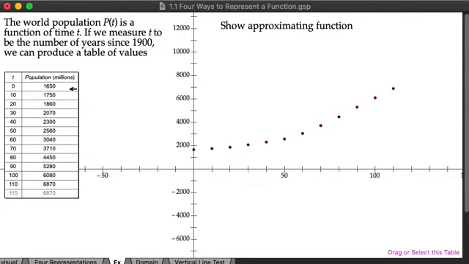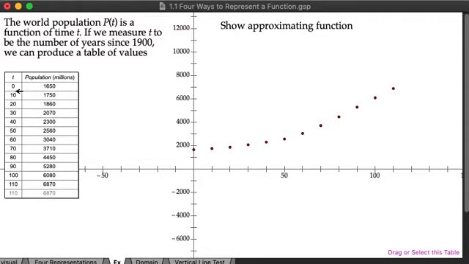Population here is represented in millions. So this basically says the point where T equals 0 has P equals 1,650. Take a minute to think about what that means in terms of what year and what was the population in that year. Pause the video if you need to.